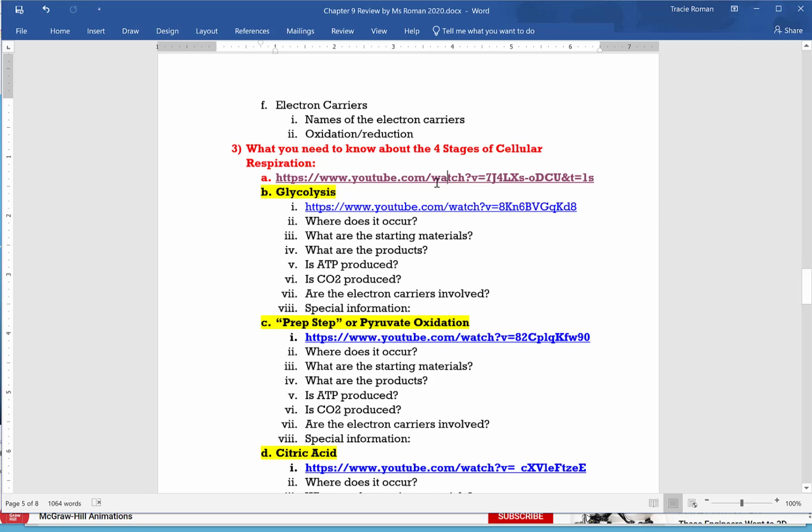All right. Part 1 of cellular respiration is glycolysis.